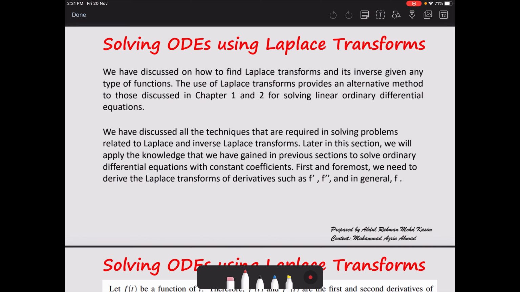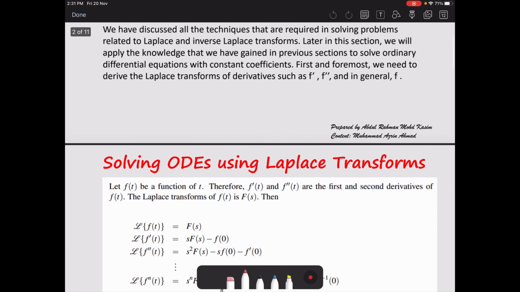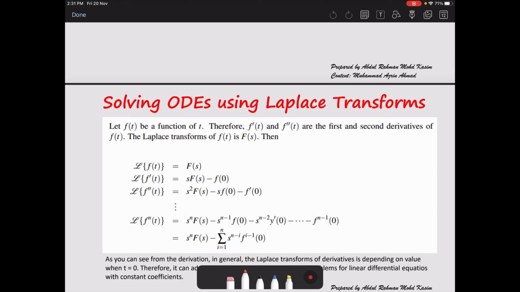First and foremost, we need to derive the Laplace transform of derivatives such as f prime, f double prime, and so on. So in solving the ordinary differential equation using Laplace transforms, let f(t) be a function of t, therefore f prime and f double prime are the first and second derivatives of f(t). The Laplace transform of f(t) is capital F in terms of s.